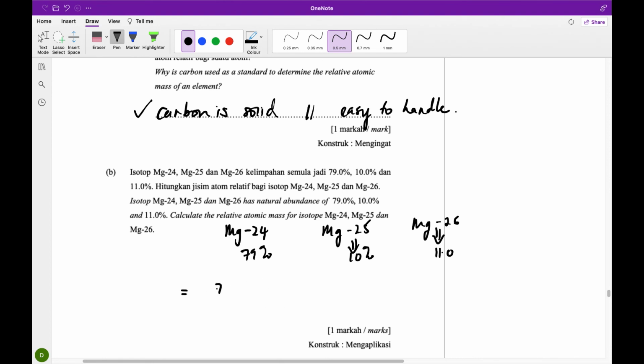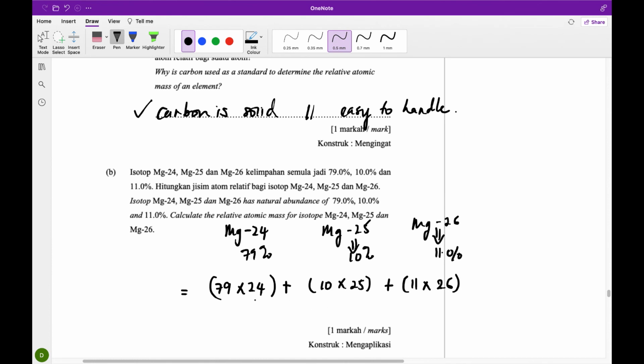So 79%, the percentage, multiplied with the relative atomic mass. So 79% multiplied with 24, the relative atomic mass for magnesium 24, plus 10% multiplied with 25, plus 11% multiplied with 26.